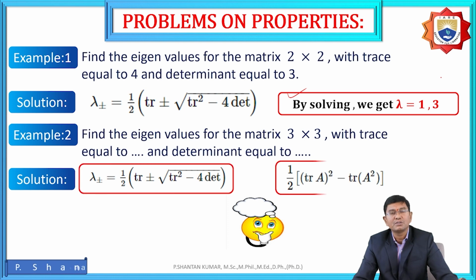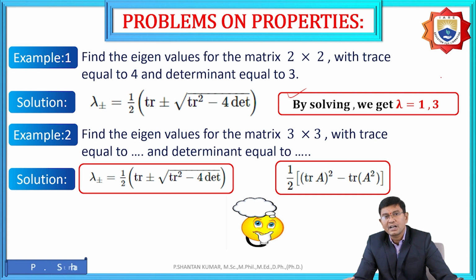Many problems are given using these properties. This is the method to find the eigenvalues without calculating the characteristic equation, that means determinant of A minus lambda I equal to 0 is not required.